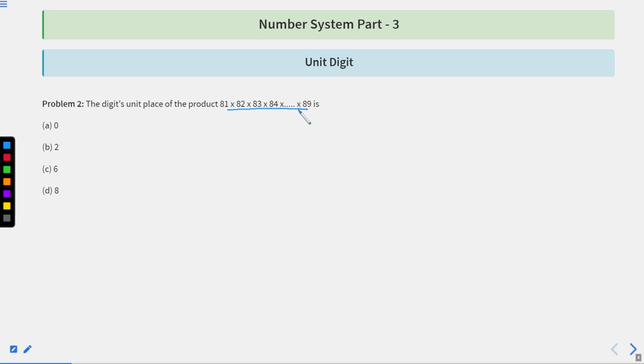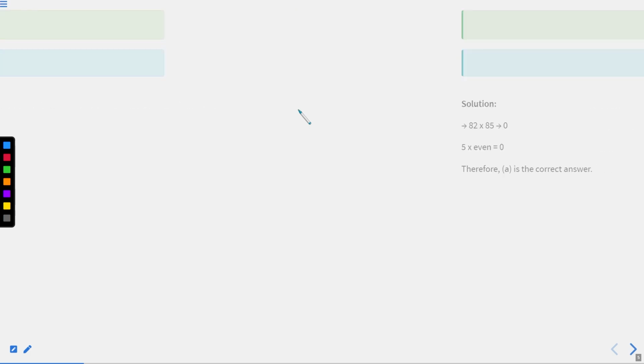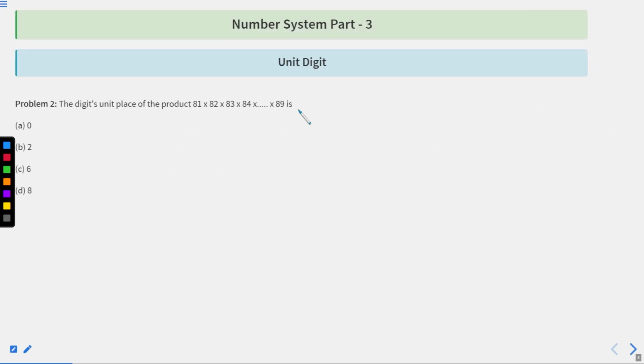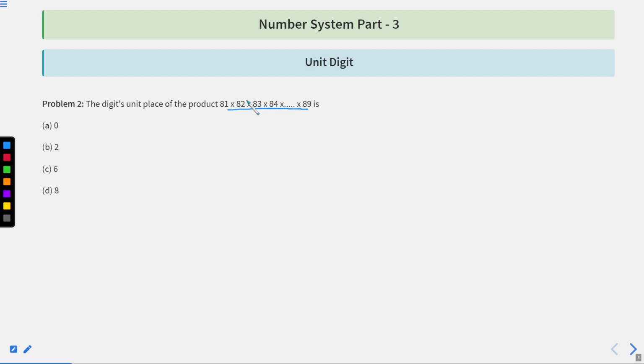If you go on multiplying these numbers, it's not a smart move because it will take a lot of time and your time will get wasted. So let's see a short, quick method to do that. If you play a little bit smartly, you will observe that in this product we have 82 and after 84 we have 85 as well.